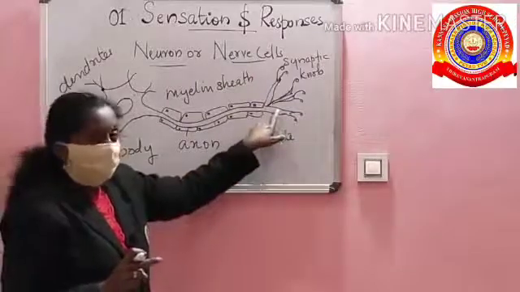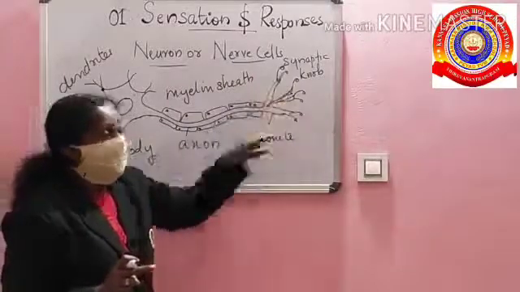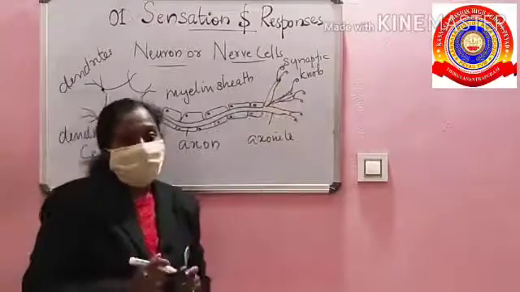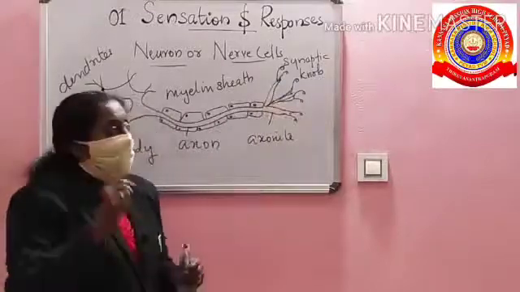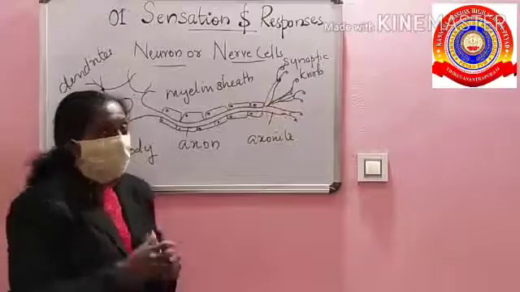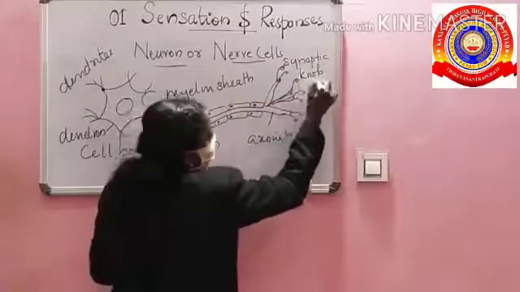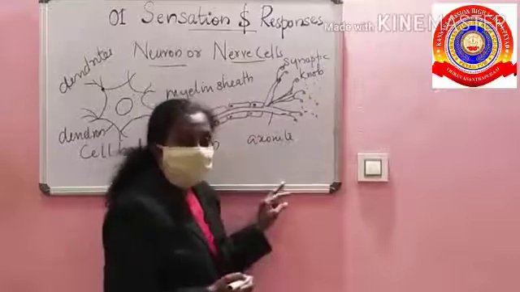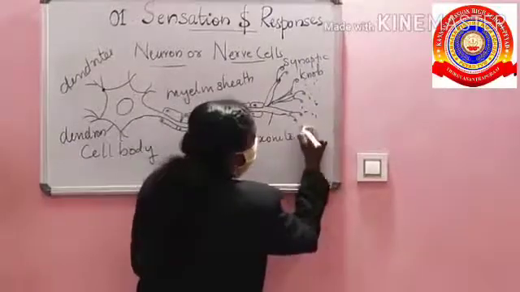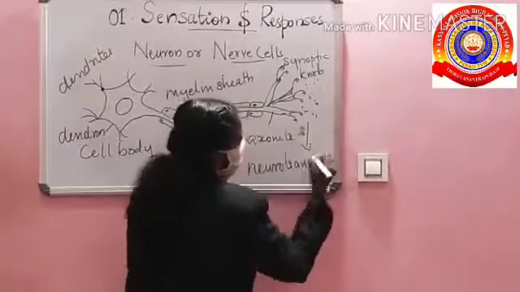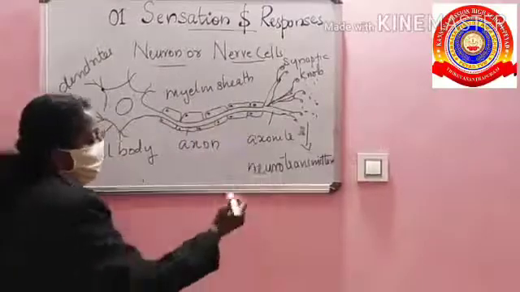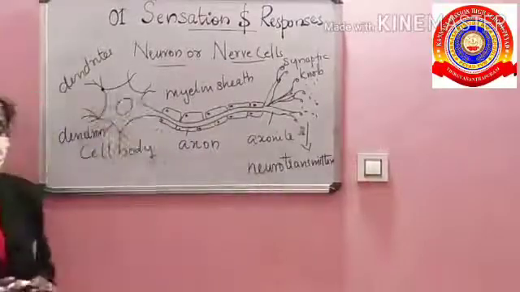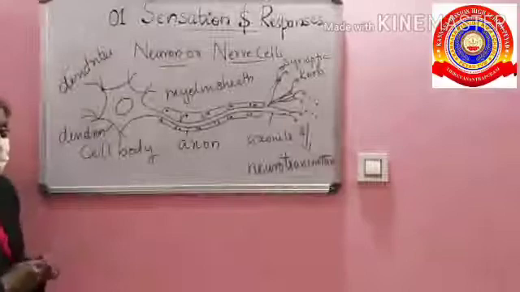And these impulses lastly reach the synaptic knob. When the impulses reach the synaptic knob, they secrete a fluid, a chemical substance called neurotransmitter. Got it?